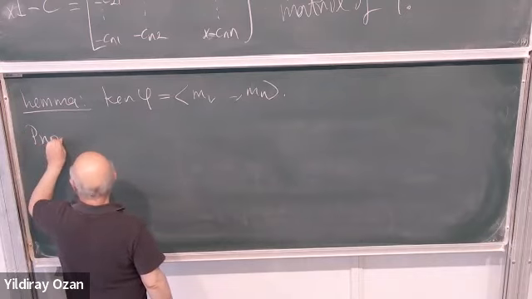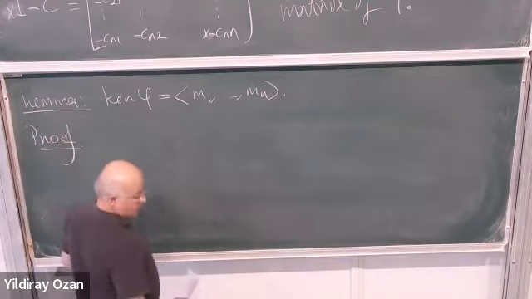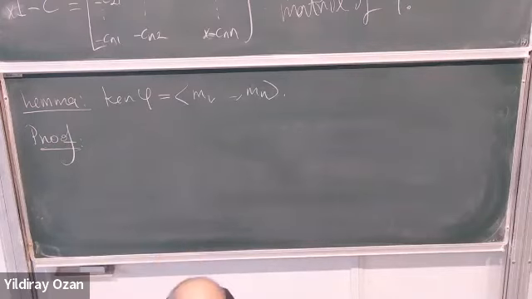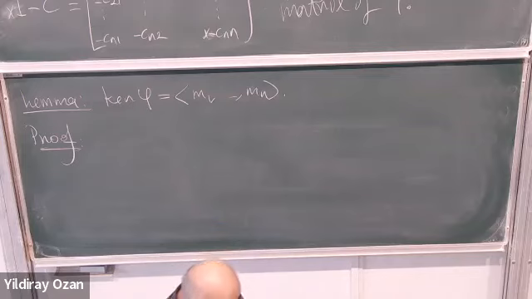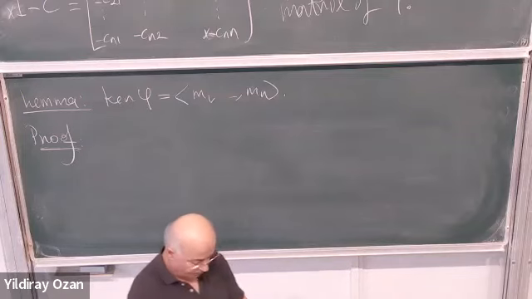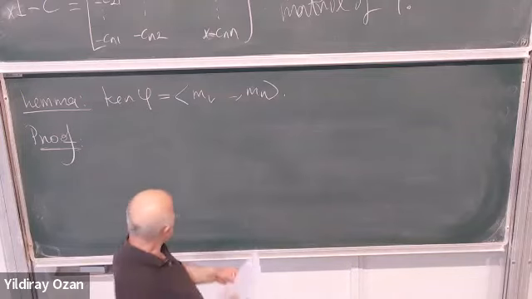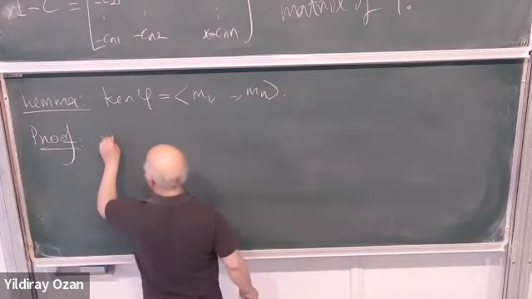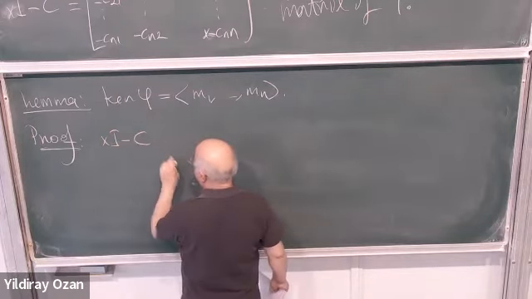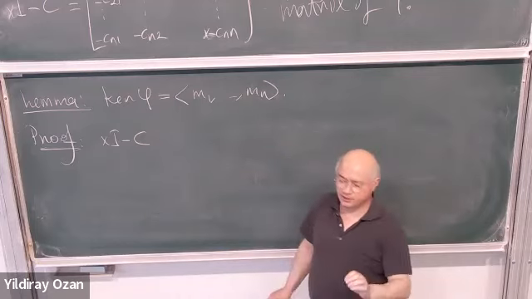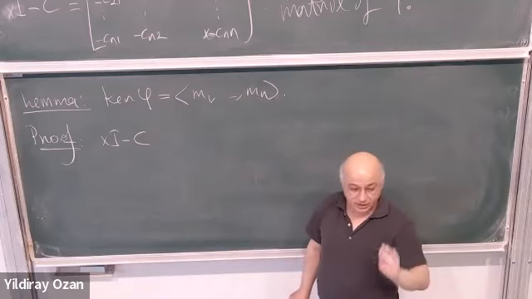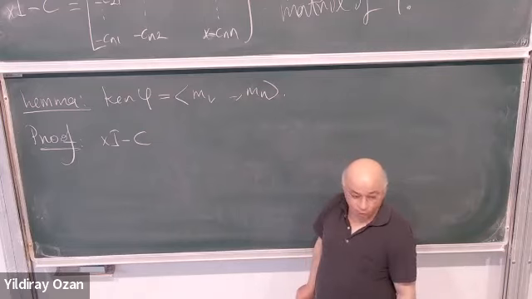Proof. Basit bir proof'u var bunun. Şimdi x identity minus c. This is a polynomial matrix whose entries are polynomials.